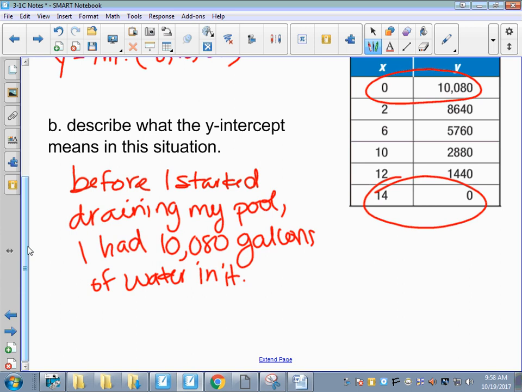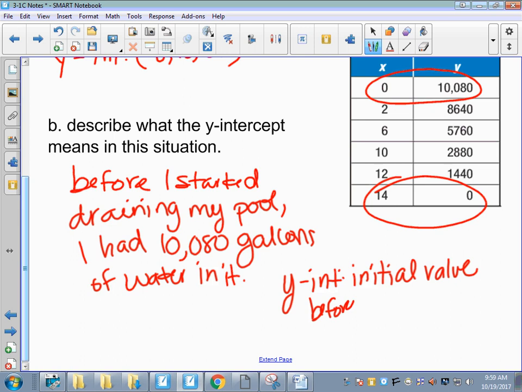The y-intercept is before something happens. Time didn't happen yet. I didn't start draining yet. It's the initial amount. Y-intercept, anytime they ask you for that, think about the initial value. Initial amount, initial height, depending on what they're talking about. In this case, initial gallons of water. Before, in the beginning. That's what initial means.